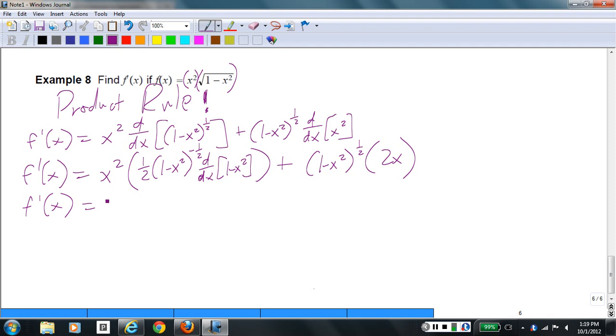Maybe take the 1/2 out in front. 1/2 x squared times 1 minus x squared to the negative 1/2 times negative 2x. That's really all the excitement that's happening to that expression. Take the derivative of 1 minus x squared, you get negative 2x, plus maybe the 2x out in front of that expression, 1 minus x squared to the 1/2.